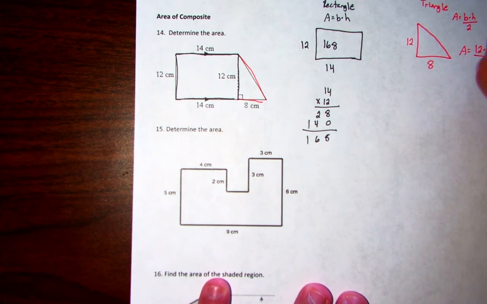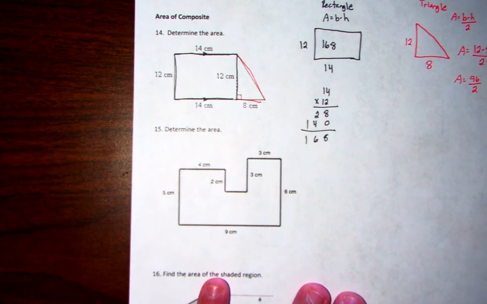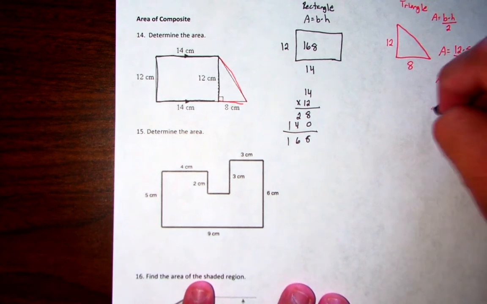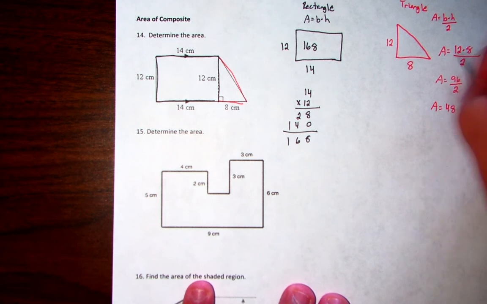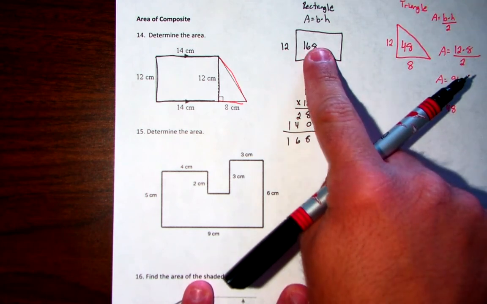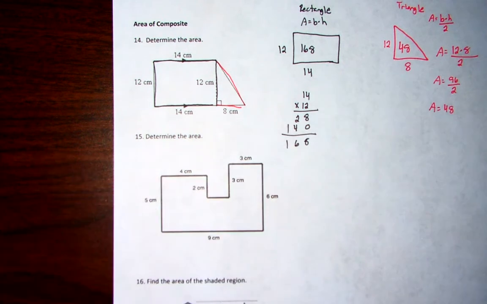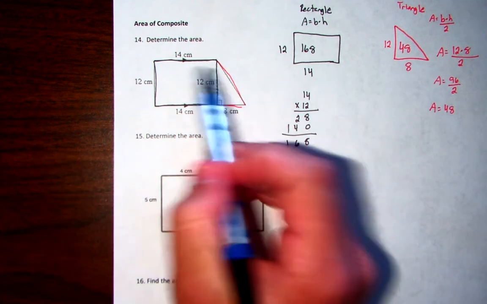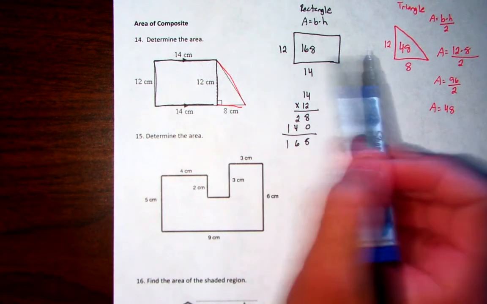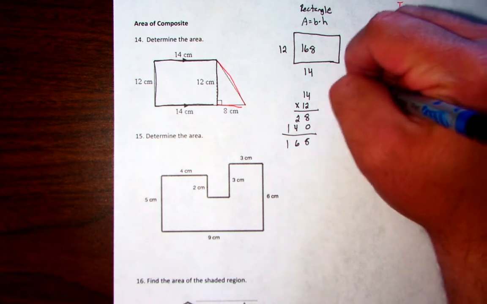And what is 96 divided by 2? Well, 96 divided by 2 is 48. Well, now you see how I have the area of the rectangle and the triangle? If I want to figure out the area of this entire shape, add those two areas together. So 168 plus 48.